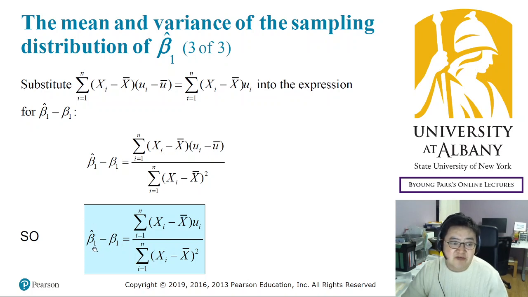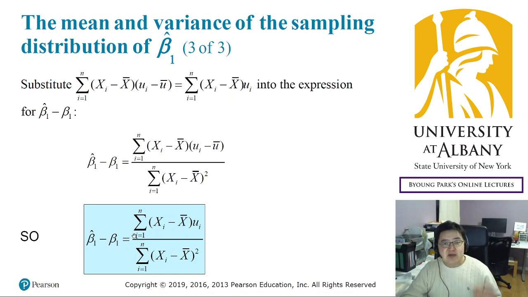Their difference is the estimation error in your estimator. As I said, basically we would like to study the distribution of the estimation error. This is what we would like to analyze. We would like to examine how it is distributed.